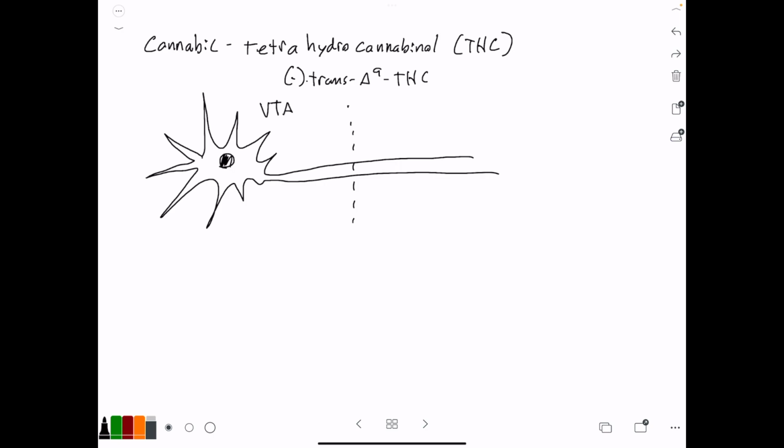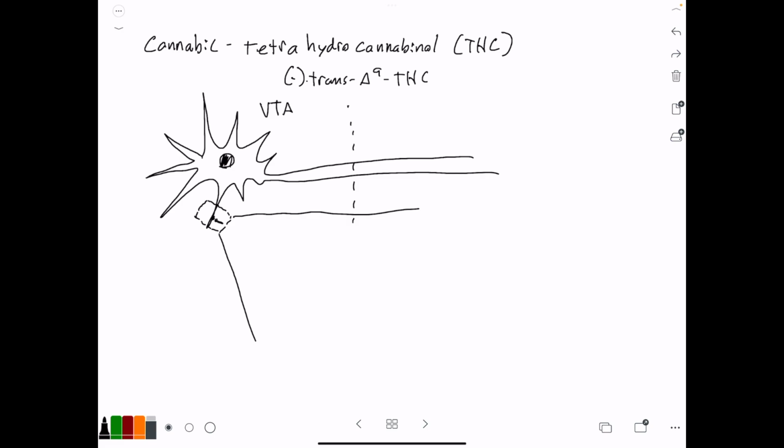This is where the soma of the dopaminergic neurons are, if you remember. Let me attempt this. We'll zoom in here. This is a little synapse going on right here that will expand out.